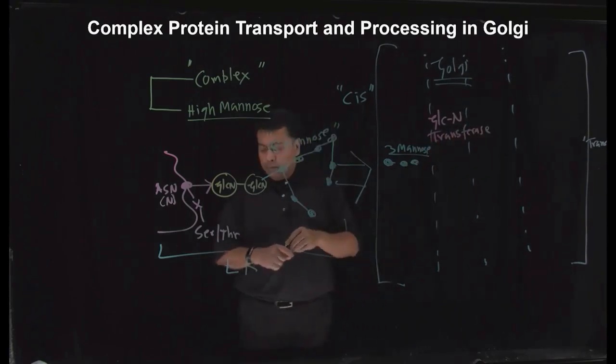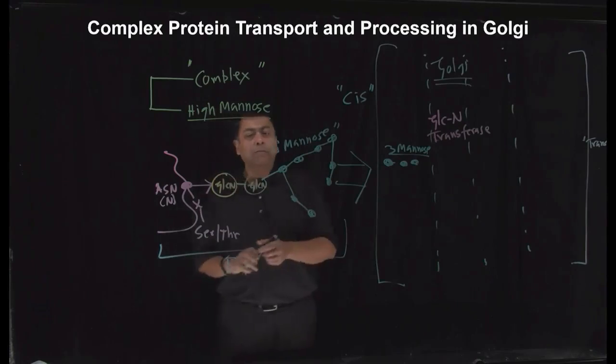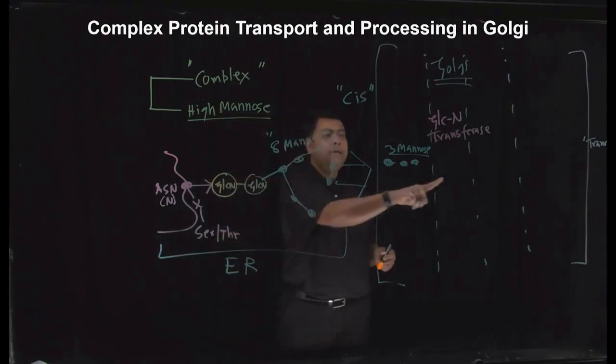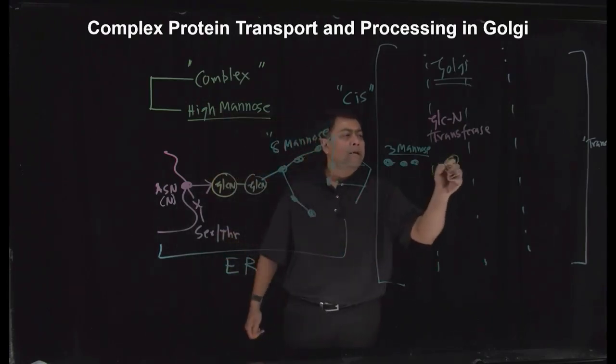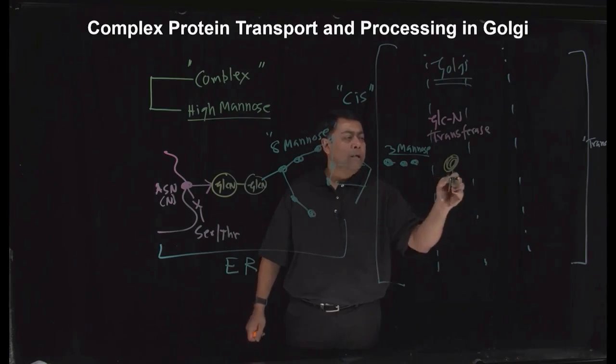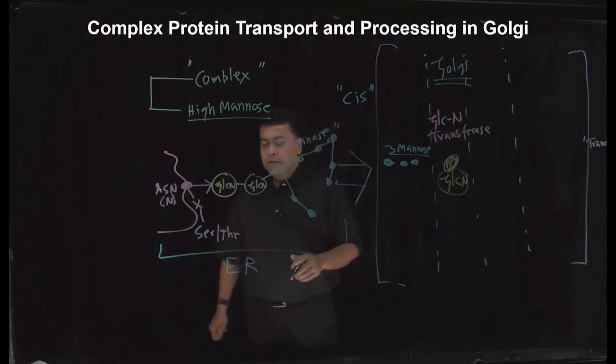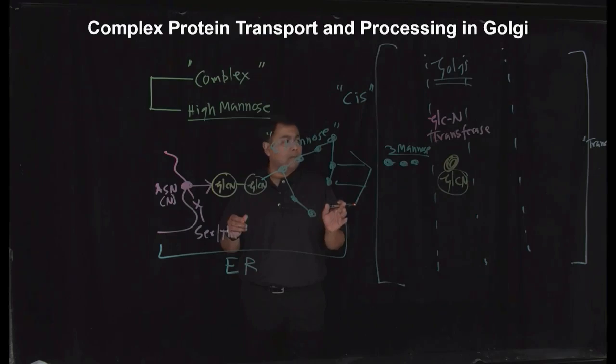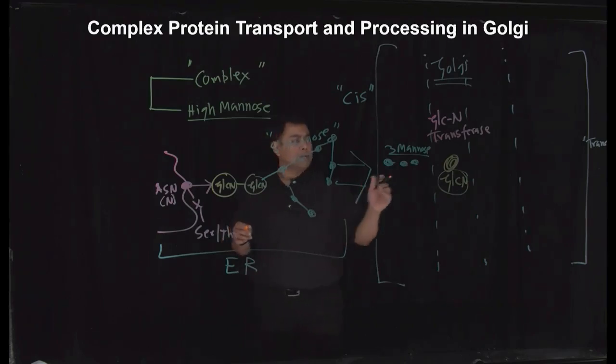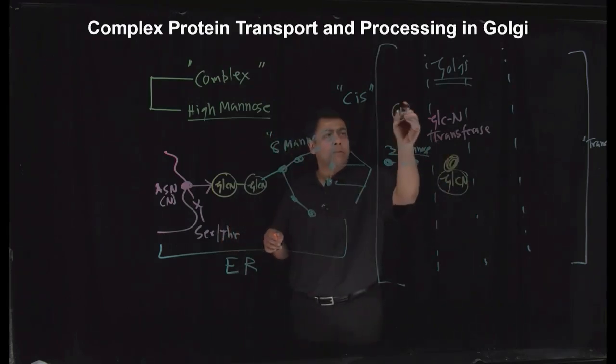So what it's going to do is bring in one of these GLCN here. And I will draw how it will look, GLCN right here. So this is basically the process which is going to happen. This is your number 1 phenomenon.